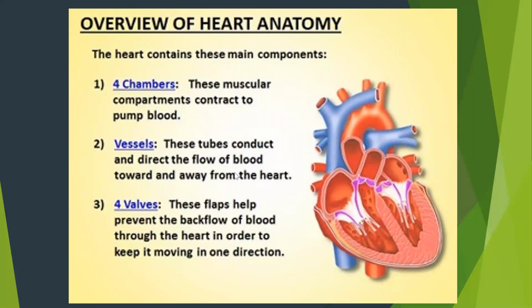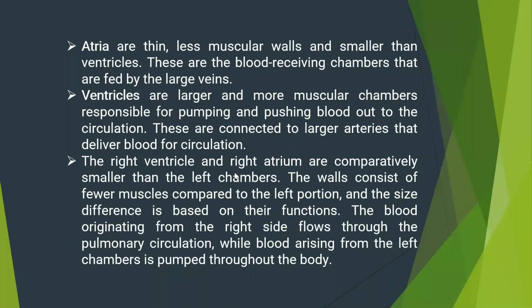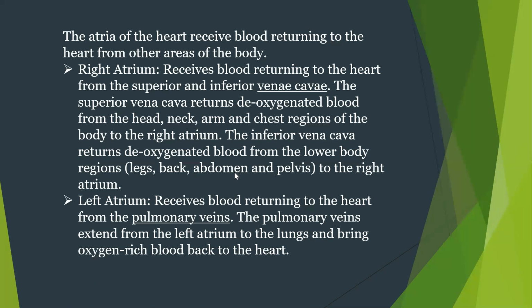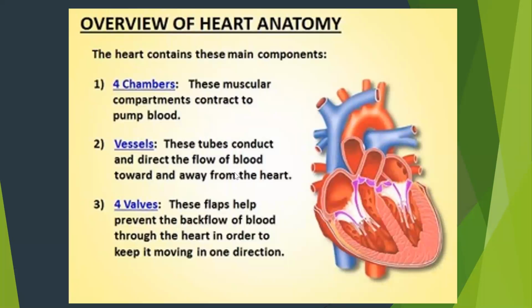But I guess we'll do all these things in the next lecture. I think we have to resume the same lecture next week. We'll continue next lecture about these arteries, these valves, and the pathway.